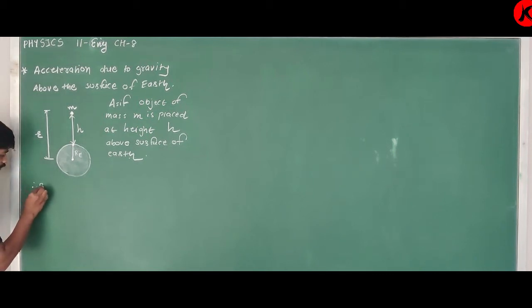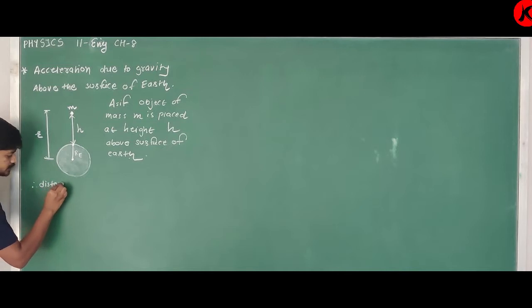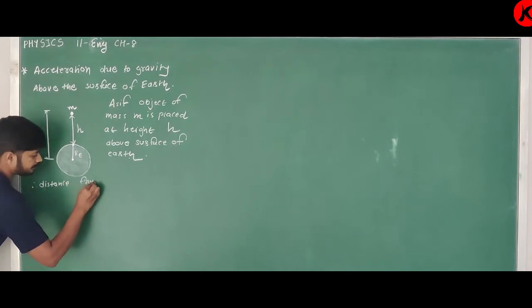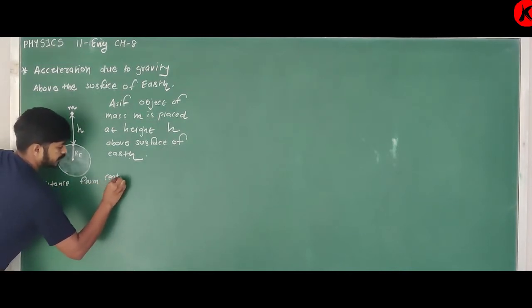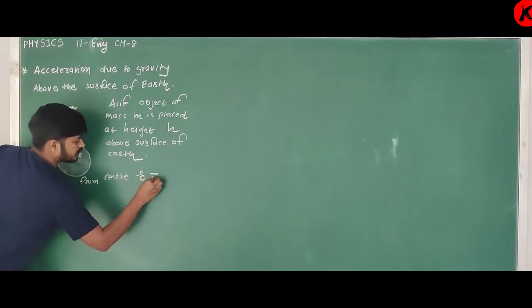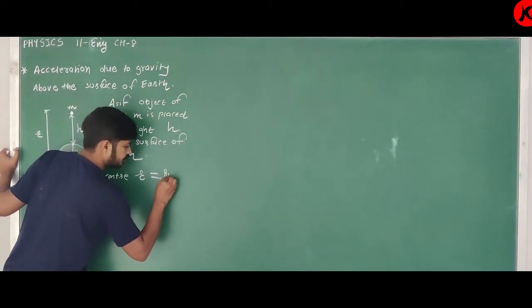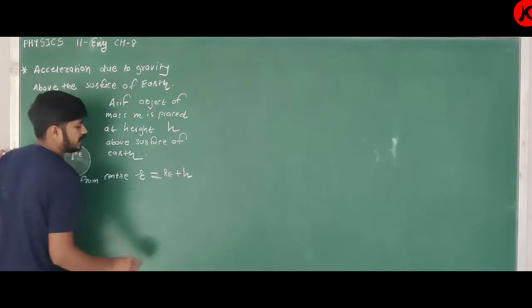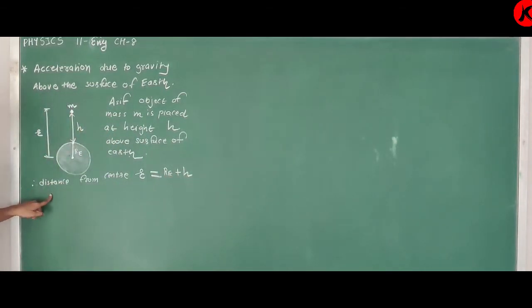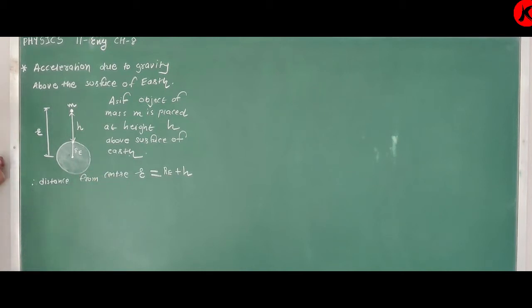So the distance from the center r is, from the figure it is very clear, R plus h. Simple. Any doubt?